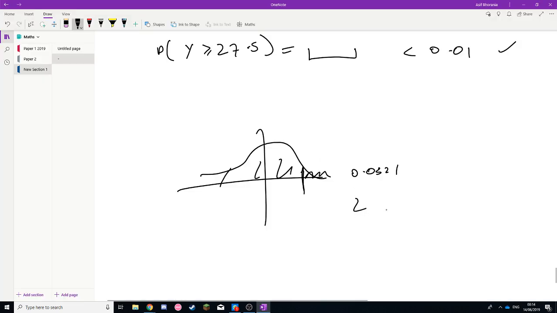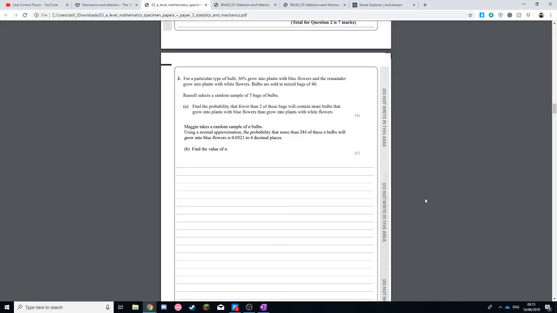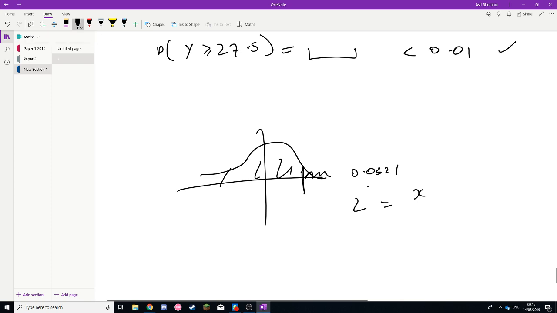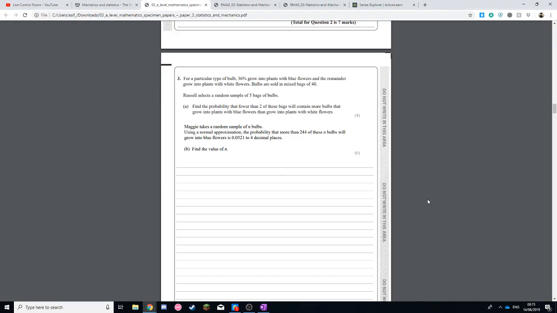And then with that z value, you can say z is equal to x minus the mean over the standard deviation. You know it's 240, but you have to do a continuity correction, so 244.5, because it's more than 244.